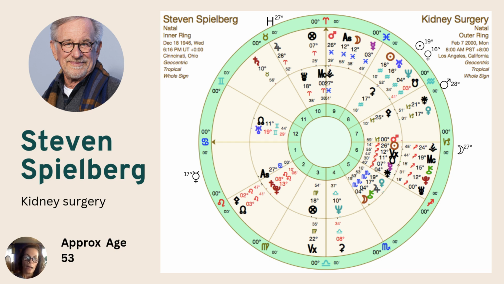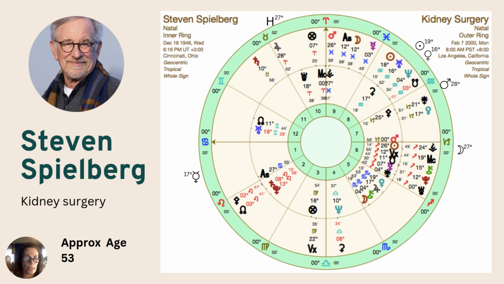And let's see, what else do we have? We also have orbital progressed moon at 27 degrees in Jupiter's house, right? And that is being squared by transiting Mars as well, right?